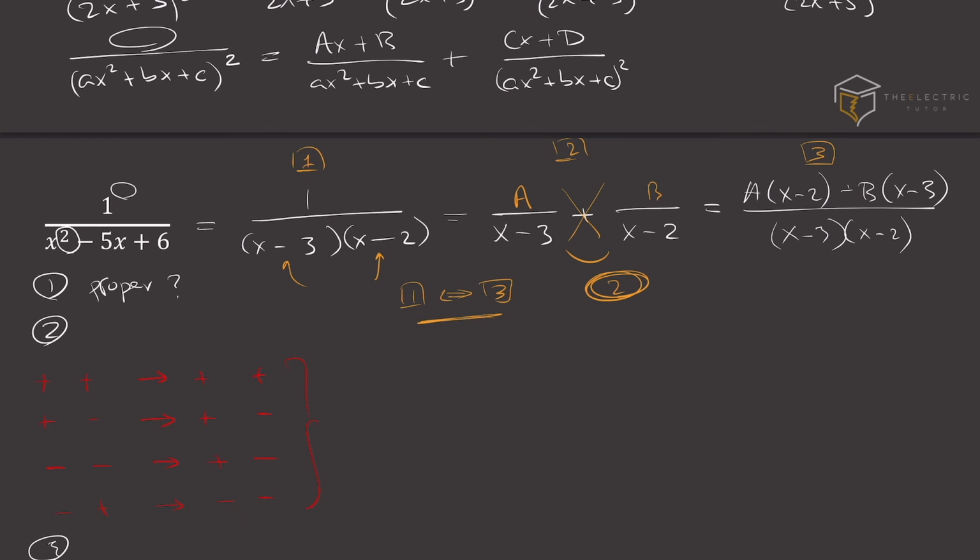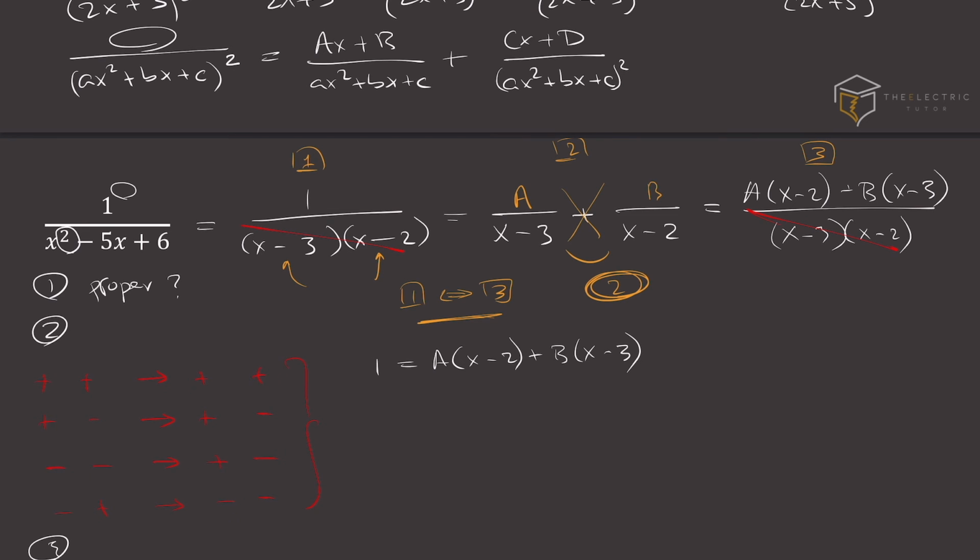Okay, so let's do this first. What I mean by that is I'm going to say 1 equals a times x minus 2 plus b times x minus 3. Notice that the denominators for both expressions cancel out, so I don't have to write them. And now I have to find what a and b are.